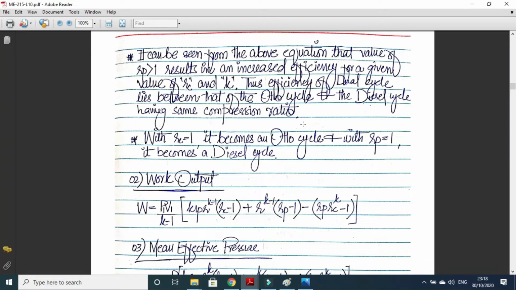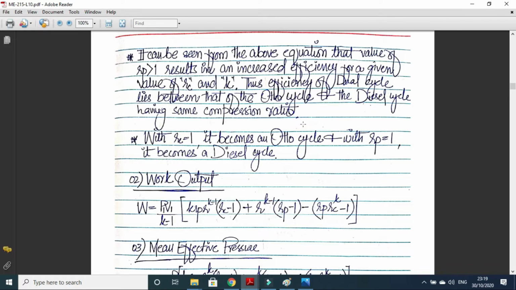You can confirm this by doing a simple calculation in an Excel sheet. If you remember in the thermodynamics course, I taught you how to do the calculation in Microsoft Excel.